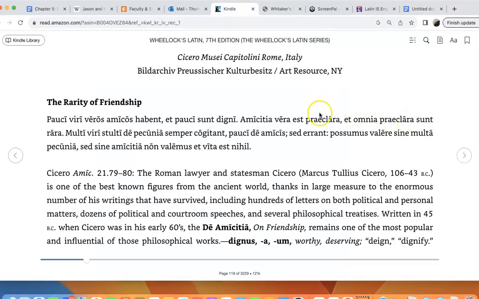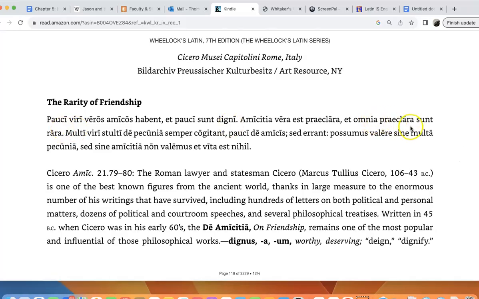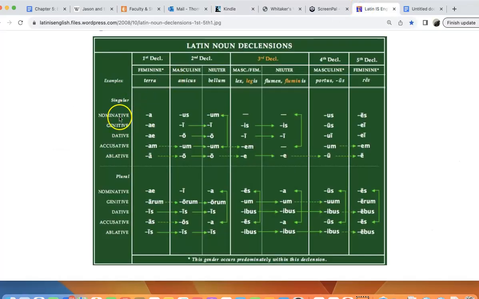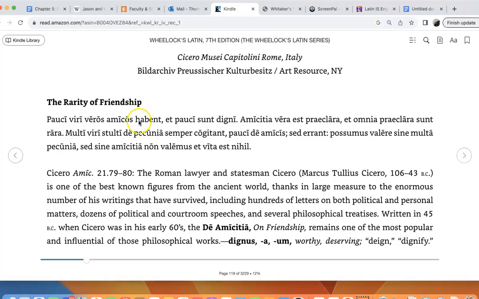So omnia praeclara sunt. Omnia, A. Why? Because everything is in the nominative first declension singular subject ending. So A. Right? Many stupid men always think about money.